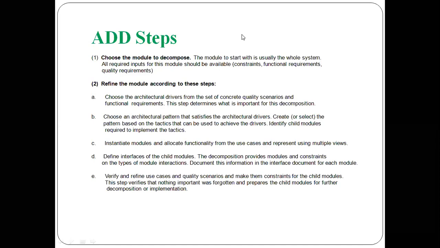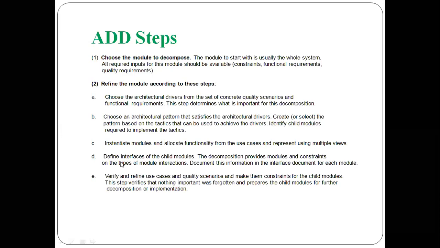Coming to the fourth one, D, define interfaces of the child modules. For the child modules we have chosen now, we must also define the interfaces. After defining the interfaces of the child modules, we should go for documentation. Whatever we have done from the first point till now, you should document everything.